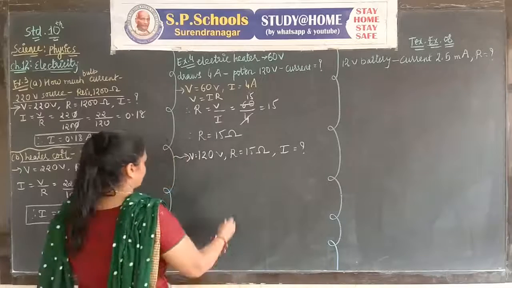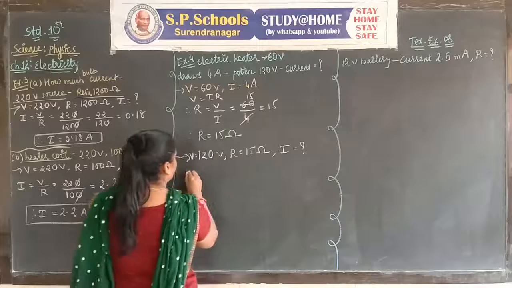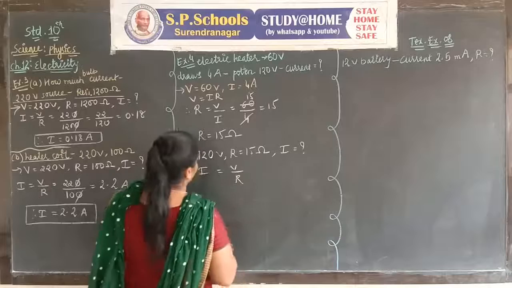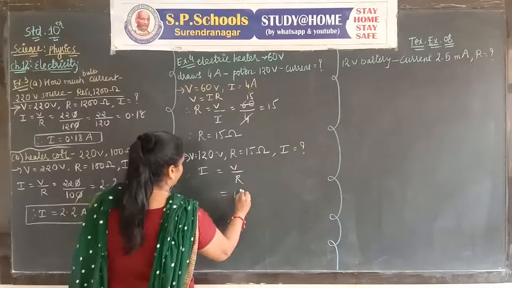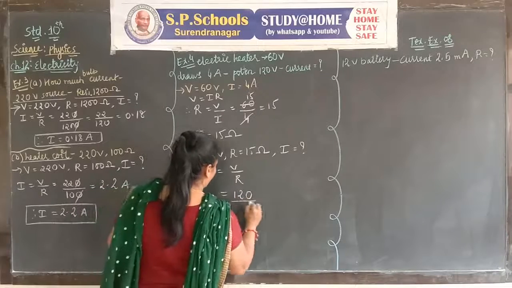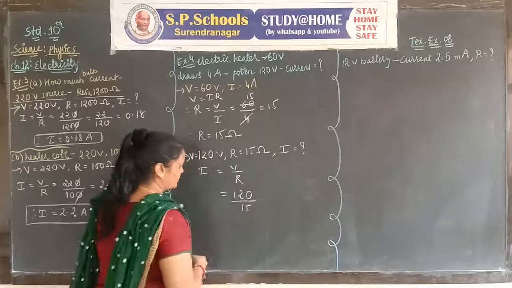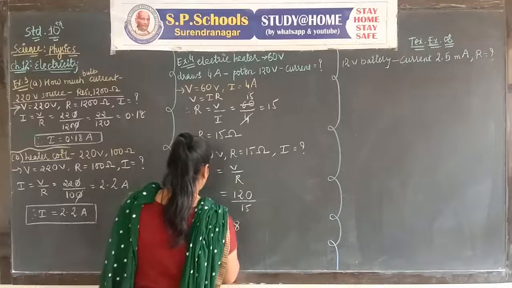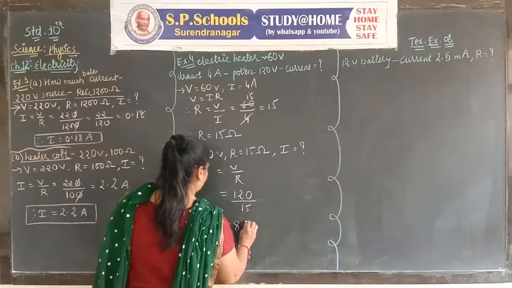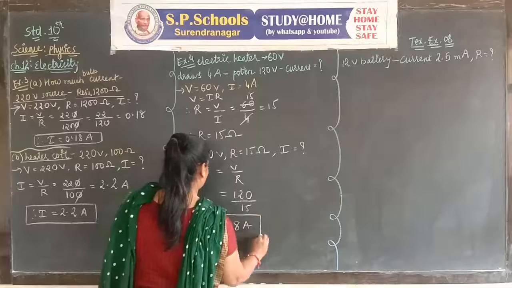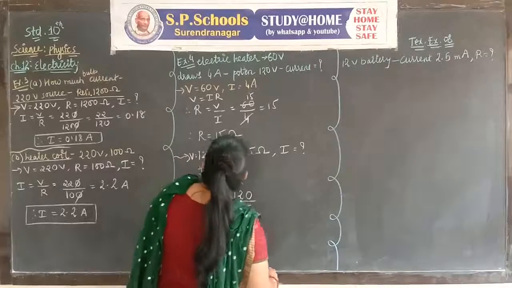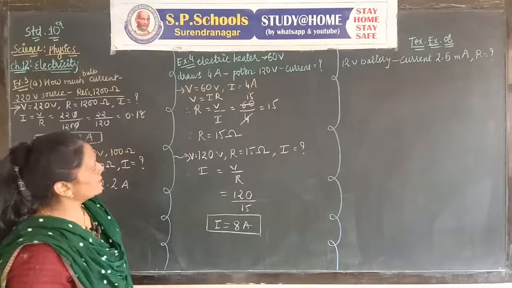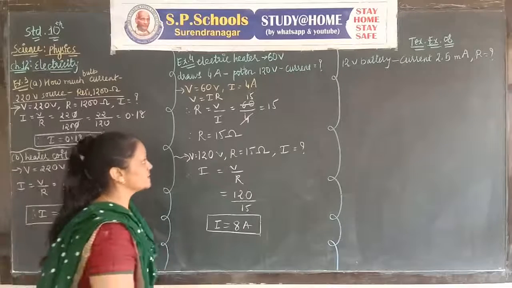When we find the current, we put I is equal to V upon R. So V is equal to 120, R is equal to 15. So here the answer will be 8. In the electric heater, 8 ampere current will be passed.